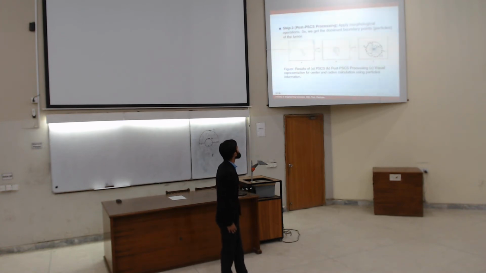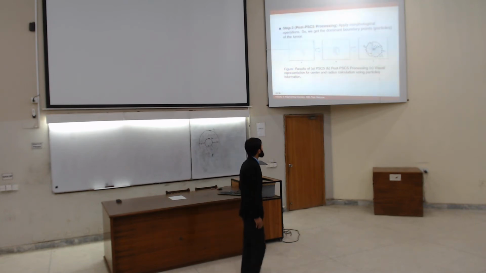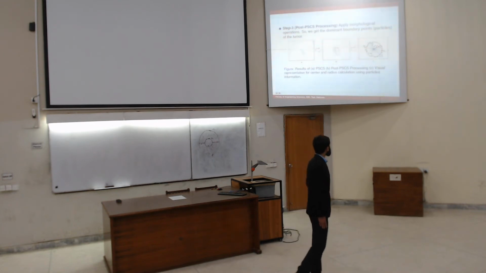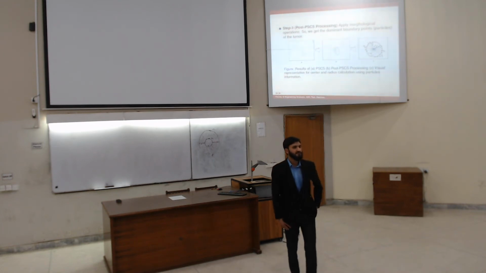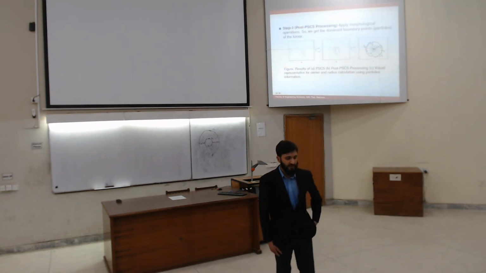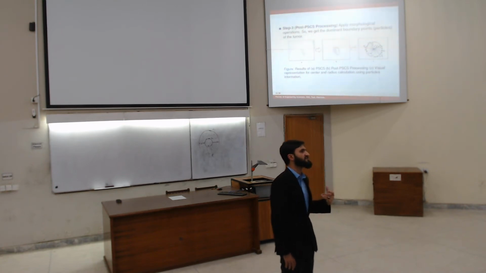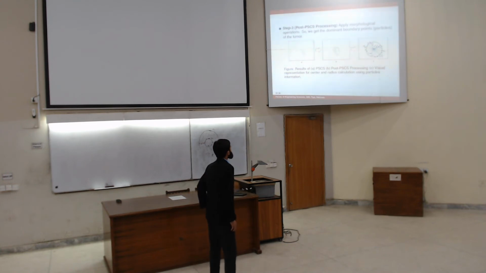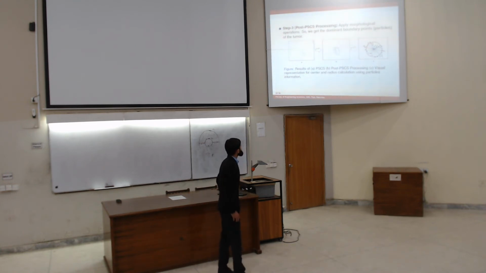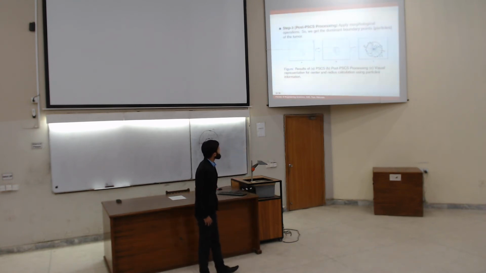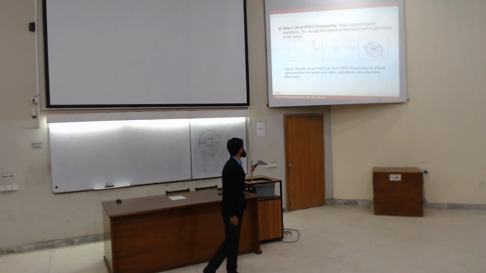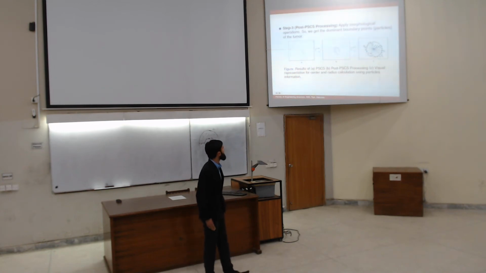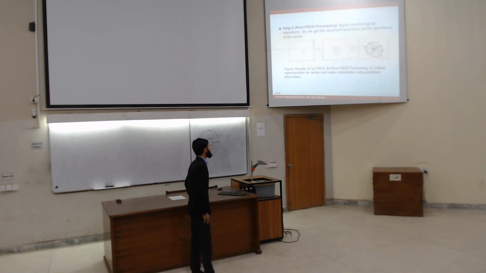So we get some dominant boundary points of the tumor, and according to these boundary points, we find the center of the tumor as well as the radius of the contour. Result A is the PSCS-C result, image B is the post-PSCS-C processing, and image C is a visual representation of the center and radius calculation using the particles' information.